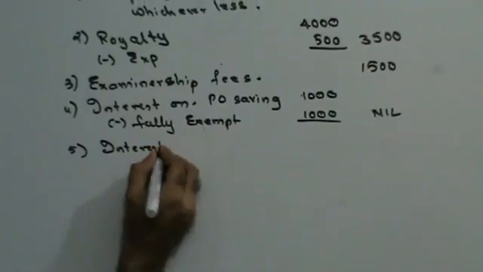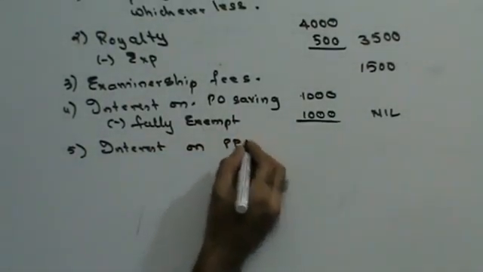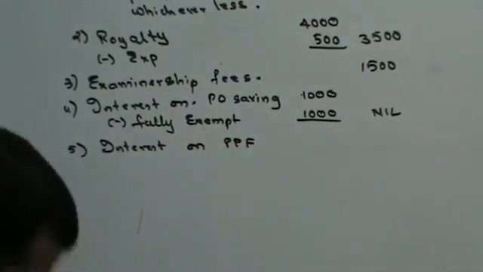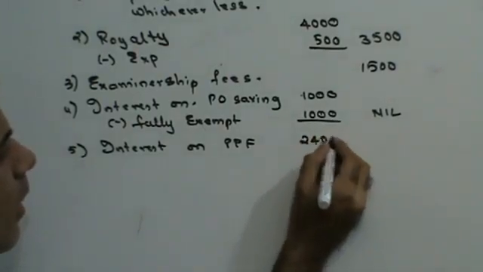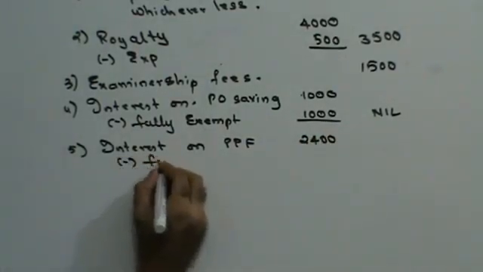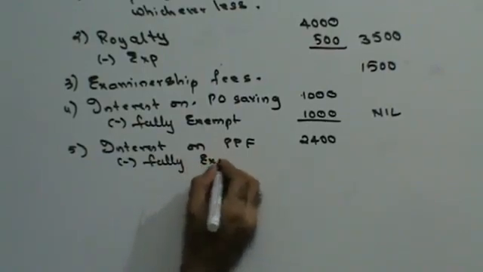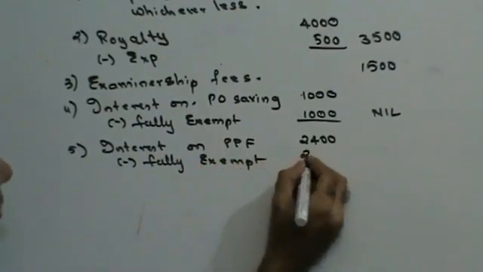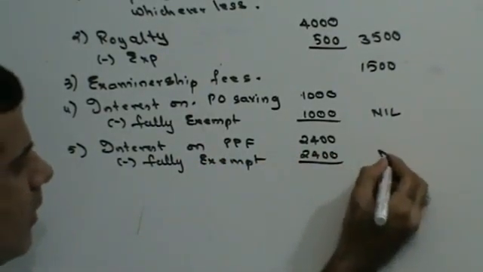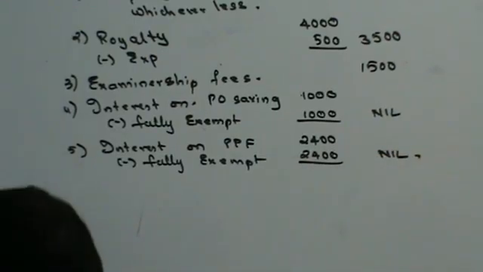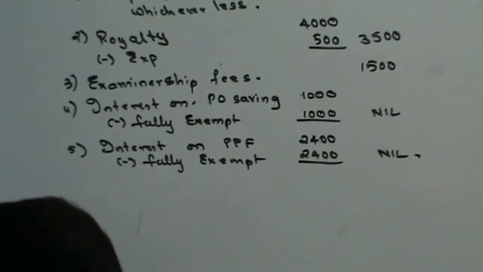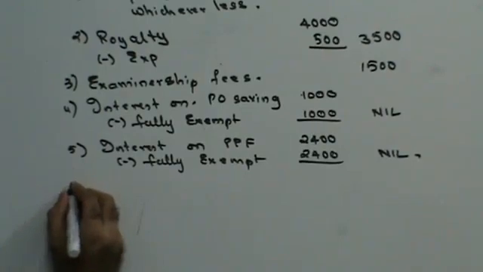Interest on PPF, Public Provident Fund, is 2400, less fully exempt, nil. Next, fixed deposit with Corporation Bank, net of tax deducted at source at the rate of 10%.